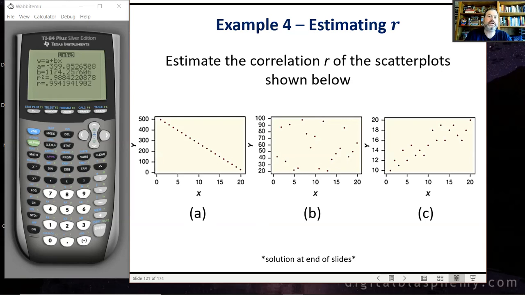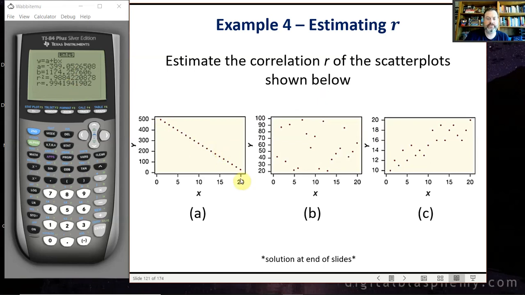So here is an example about how to estimate r. We're not using the calculator for anything, we're just using the graphs. Let me point out something else that happens. Every semester, so something like this might be on a test, I have people that try to type these data points into their calculator and compute it.